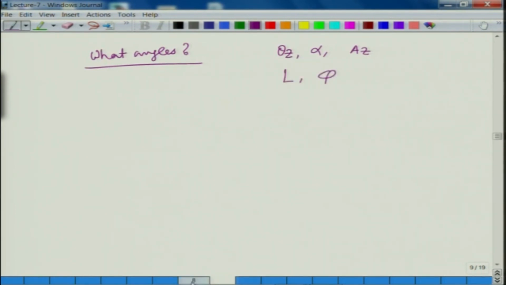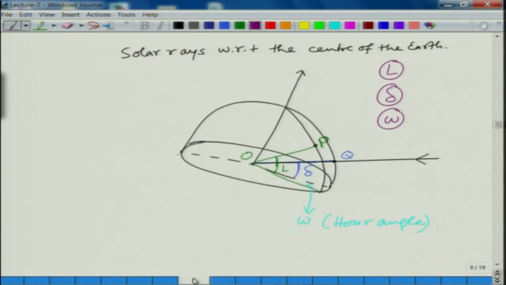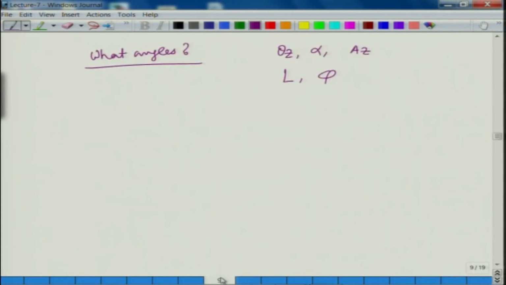And from the other figure we have seen another two angles: the declination angle and the hour angle. You have seen that all these things are connected to different reference frames. We have obtained these from different reference frames.